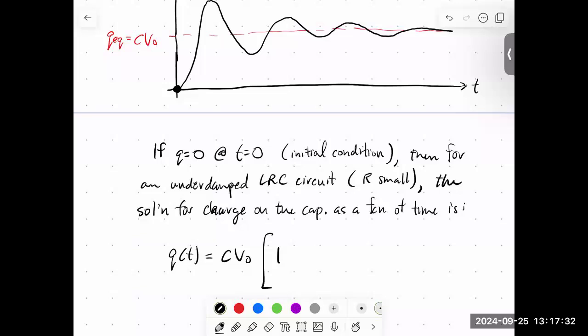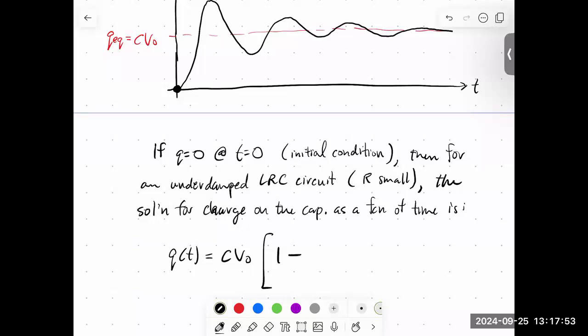Should I use cosine or sine for this oscillation? Why cosine? Yeah, so it starts at a minimum. We're going to have a 1, and then you're right, it is a cosine.